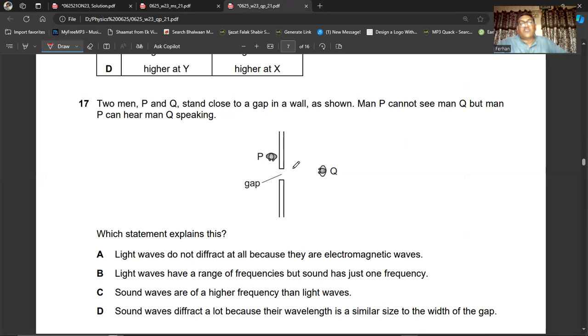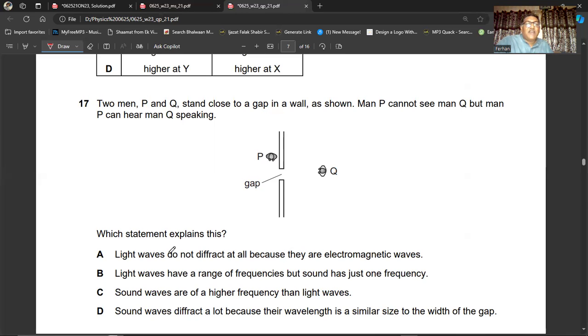The reason is the sound waves can diffract here and bend, and they can go to P, but the light waves coming from Q do not diffract that much. So they diffract, but not so much that they can go to P. The sound waves diffract a lot, and that's why he can hear the sound coming from Q. But the light waves do not diffract that much.